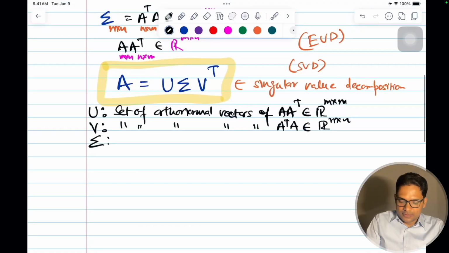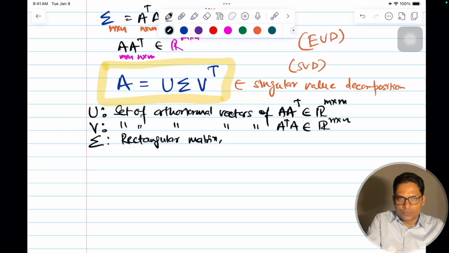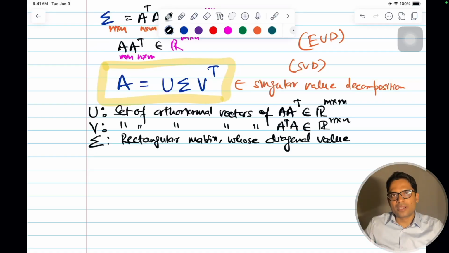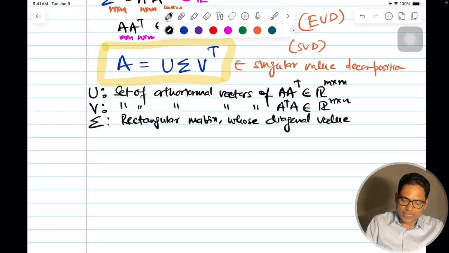This is a rectangular diagonal matrix, and generally one of the diagonals, across the shorter dimension, which is m, along that we will have the diagonal values, which are called singular values.